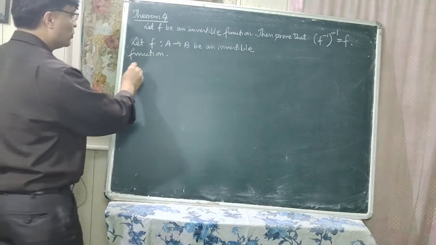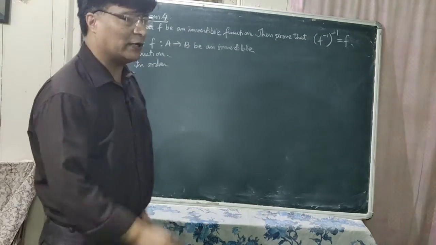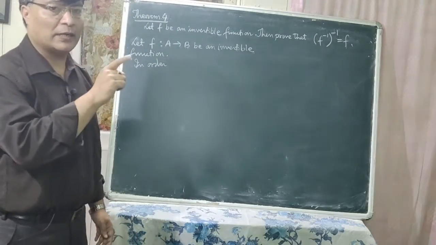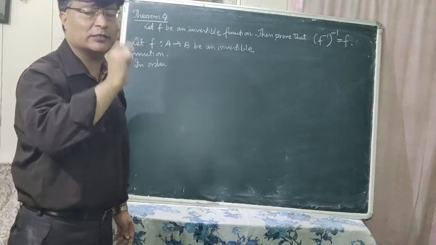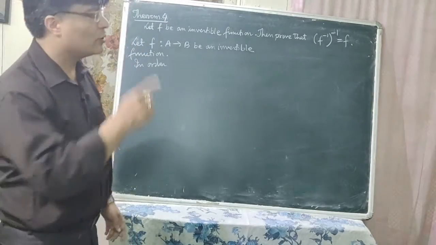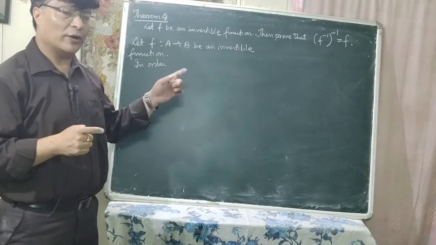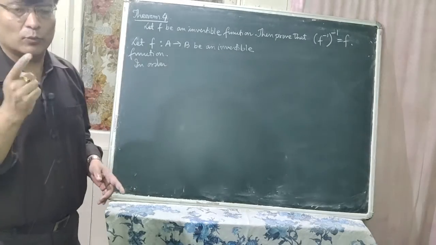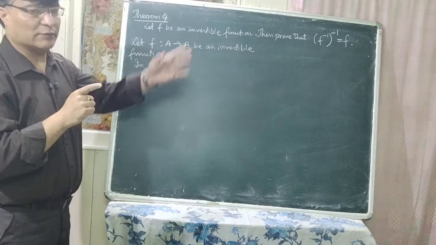In order to prove that f inverse is equal to f, it is sufficient to prove that f inverse of is equal to IA and f of f inverse is equal to IB. It is just like g of f is equal to IA and f of g is equal to IB. So if you can prove that f inverse of f is equal to IA and f of f inverse is equal to IB, then we can write down that f inverse is equal to f.